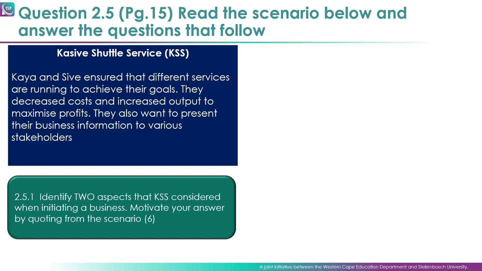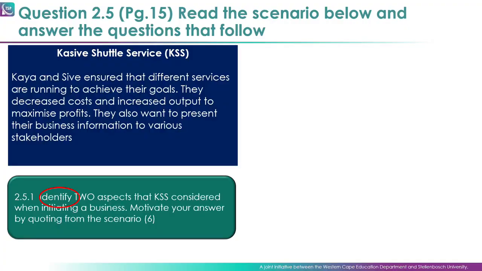They decreased costs and increased output to maximize profits. They also want to present their business information to various stakeholders. So 2.5.1, identify 2 aspects that KSS considered when initiating a business. Motivate your answer by quoting from the scenario.